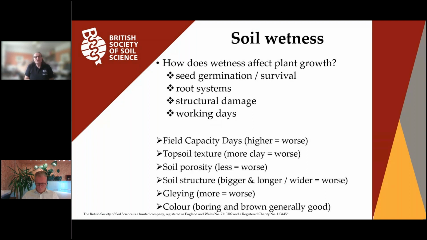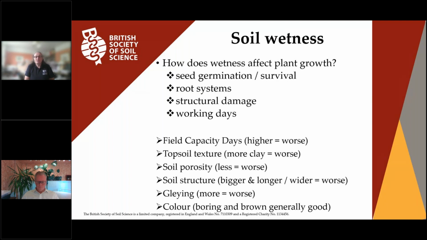The next one is soil wetness. So how does wetness affect plant growth? Well, if you've got a very wet soil, then seed germination and survival might be low. The root systems don't like to develop in waterlogged soils.